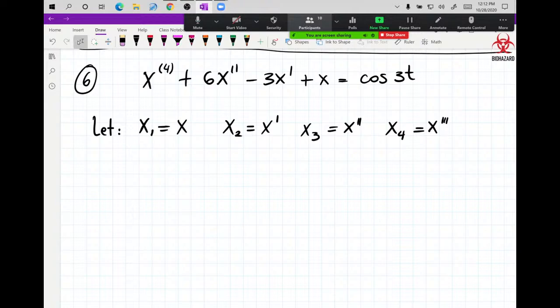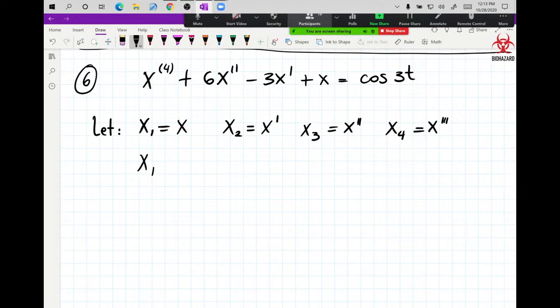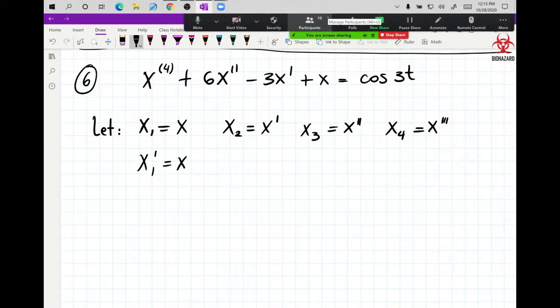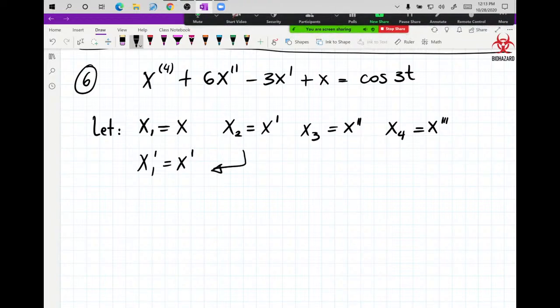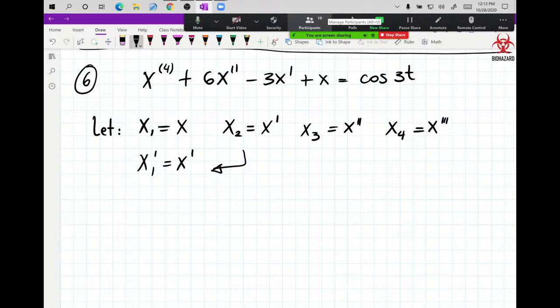Okay, let's take a look at the problem. What do we have? We have the derivative on the first one equaling x prime, and from the second one x prime is x2, so we are getting that x1 prime is equal to x2, which is our first equation.